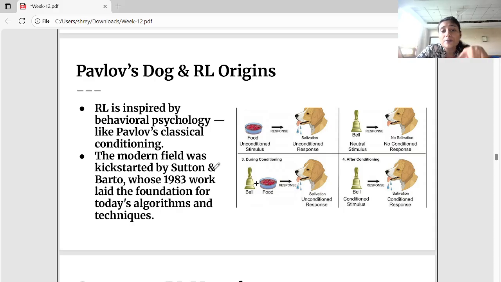But if the food and bell are both there, the dog starts salivating, because it gets the idea that food is there. Every time you give these two things to the dog, it means the dog builds this sensitivity in the brain. Whenever there is a bell, there will be food for him, right? That's how we train animals, right? So whenever the bell rings, whether there is food or not, the salivation will be there.